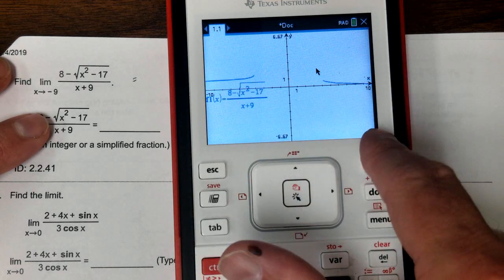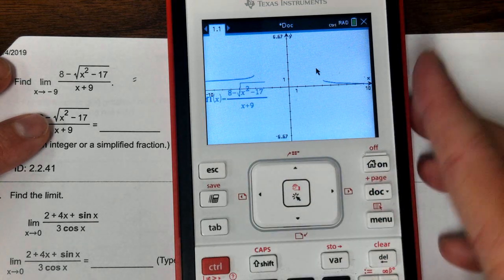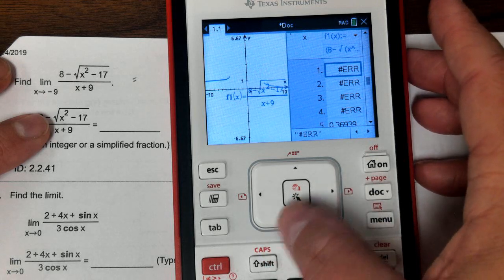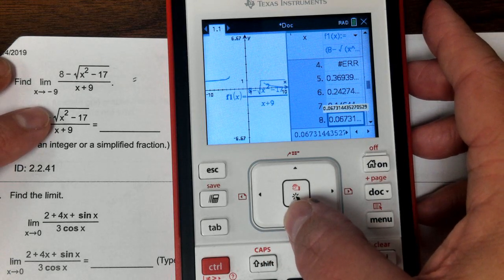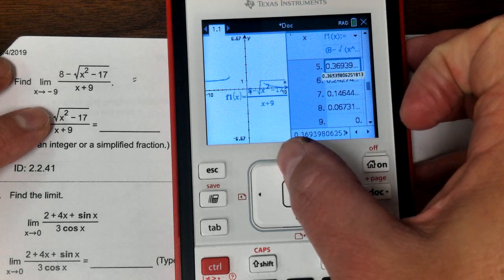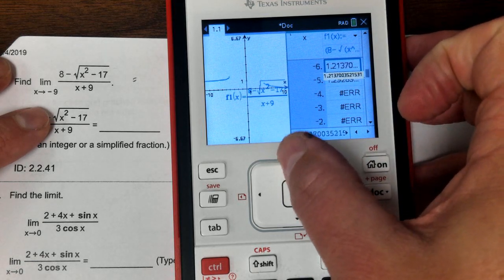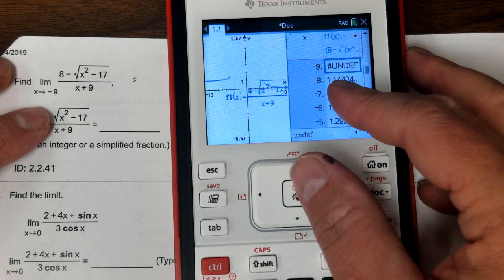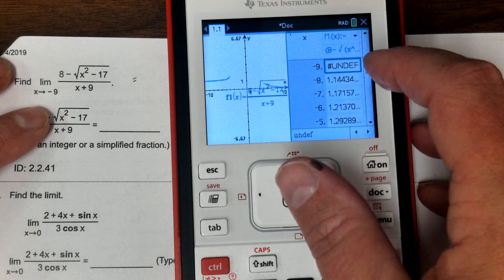Okay, so there's your graph. And so when we go to our table, at 9 it's 0. But at negative 9 it's undefined.